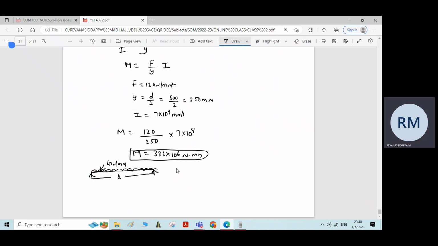Now for simply supported beam carrying UDL, the formula for moment is WL square by 8. Moment is known, that is 336 into 10 power 6 is equal to W, intensity of the UDL. It is 40 Newton per millimeter into L square divided by 8. By this we can solve for length of the beam.